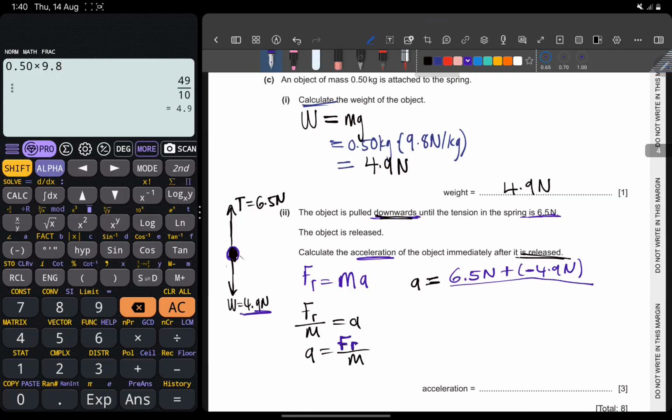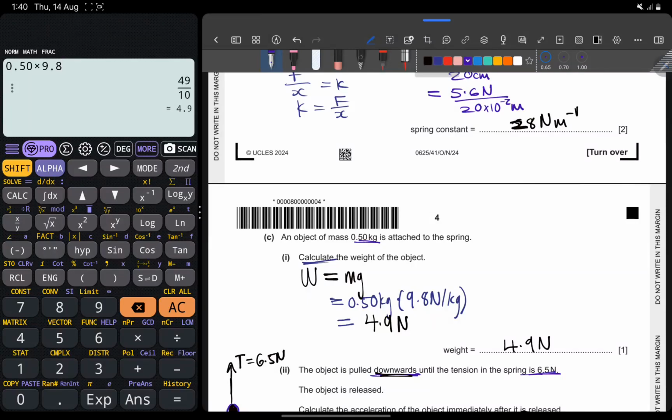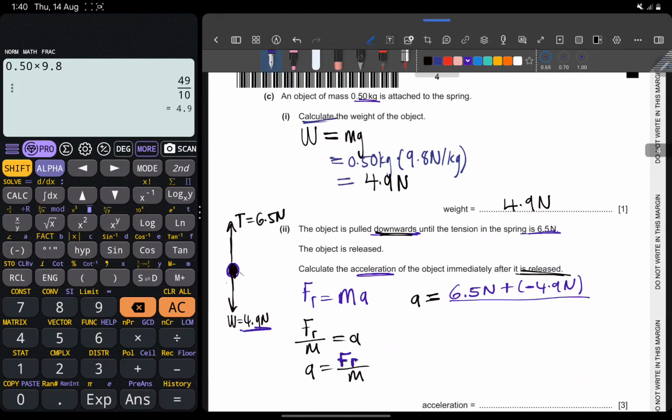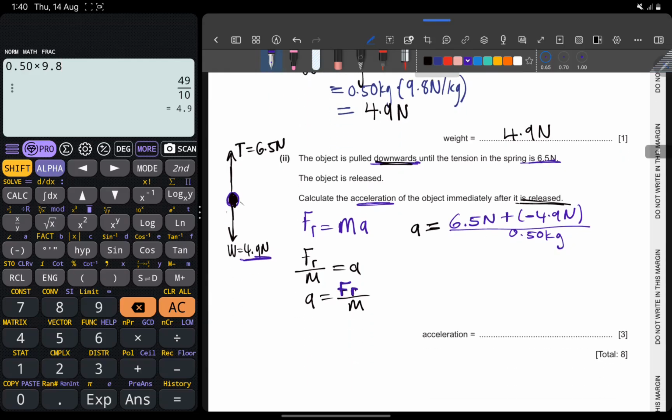And what is the mass of this object? We look for it here, 0.50. So it's going to be all over 0.50 kgs, because resultant is actually adding the forces. So the acceleration is going to be 6.5 newtons minus 4.9 newtons, please put units, over 0.50 kgs.